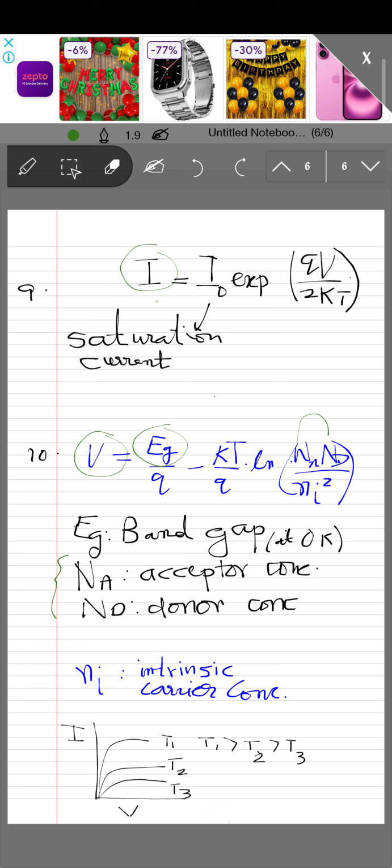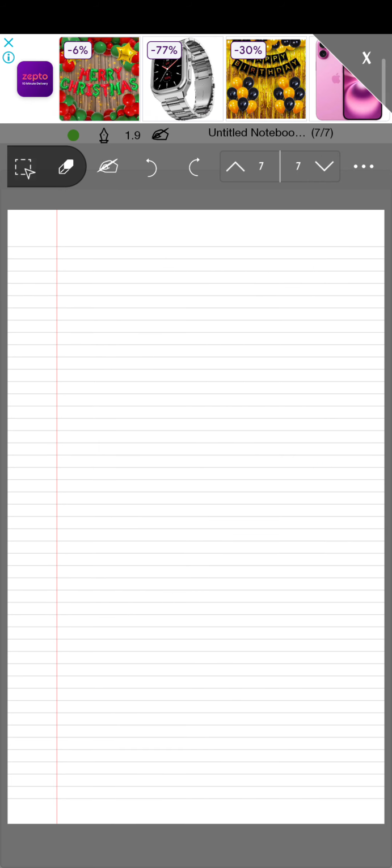Ni is the intrinsic carrier concentration. A typical current-voltage characteristic plot looks something like this, where on increasing the temperature you can see these effects happening. It rises very sharply and then saturates, and the same trend is followed for all the temperatures here. Okay, that's it.